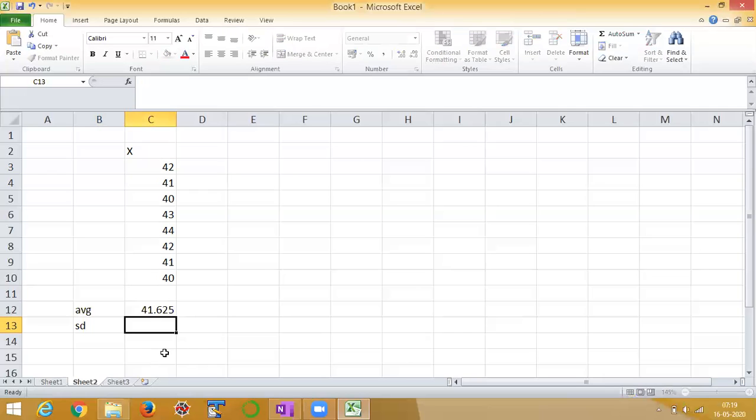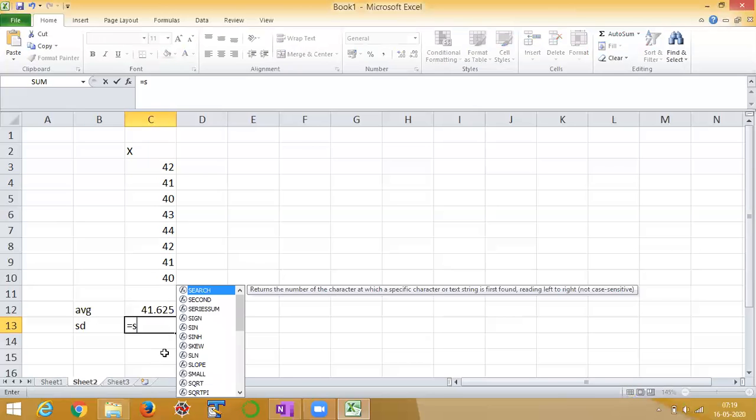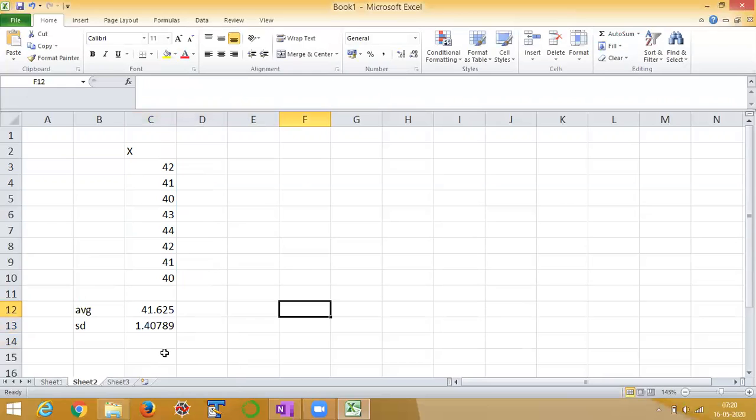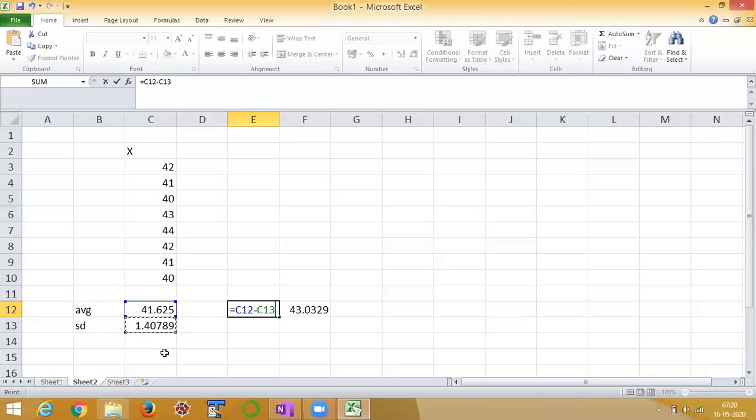Similarly, here also we are using the same thing, standard deviation. Standard deviation is calculating those things only. So here I got the value as 1.40. That means sometimes I may get 41 plus this value and 41 minus this value.